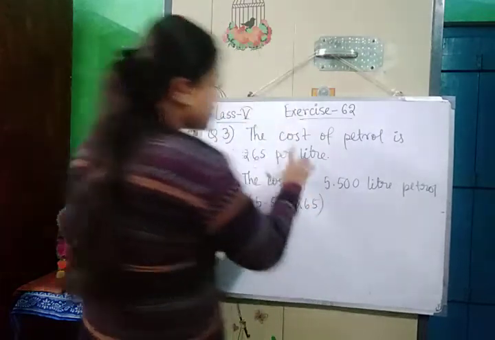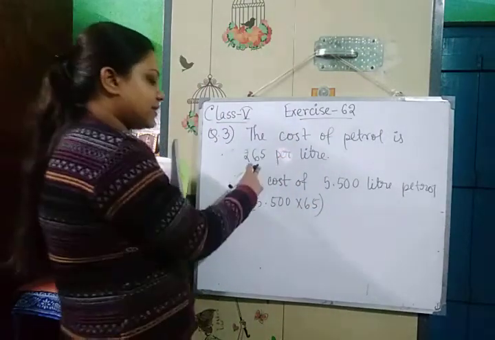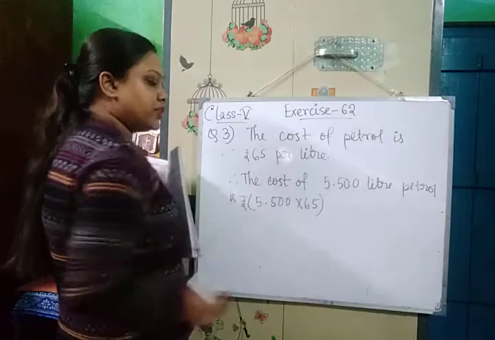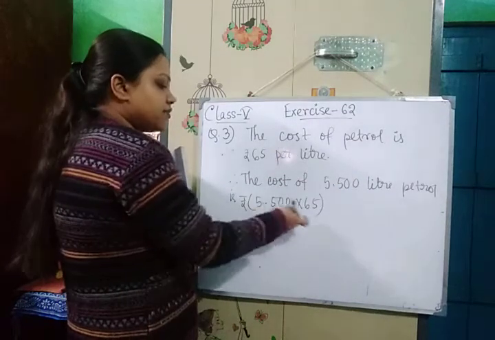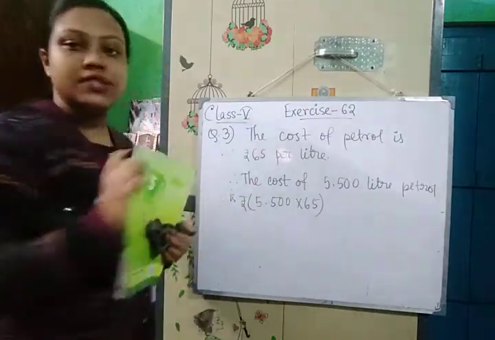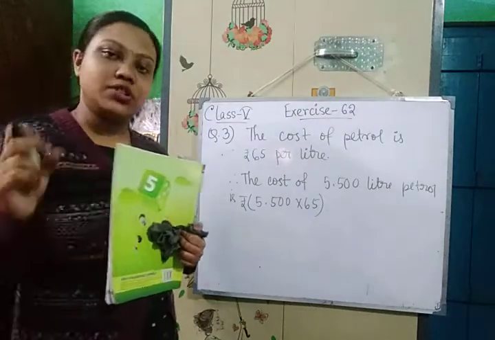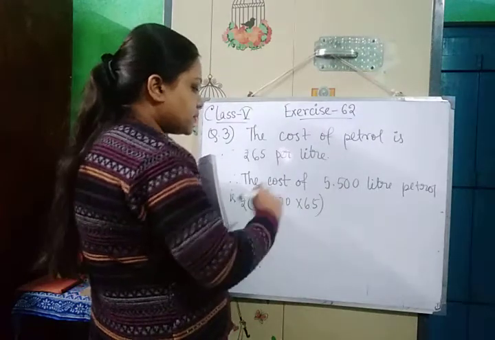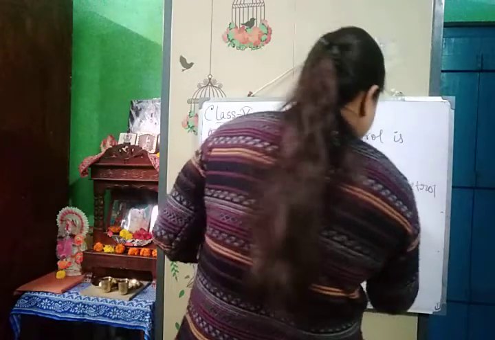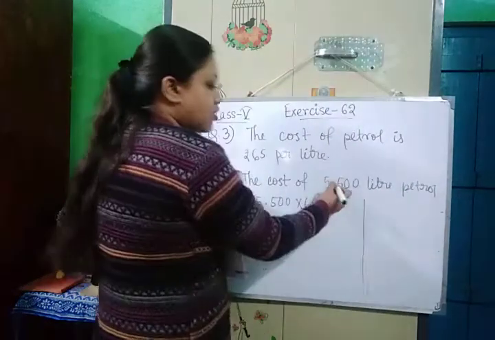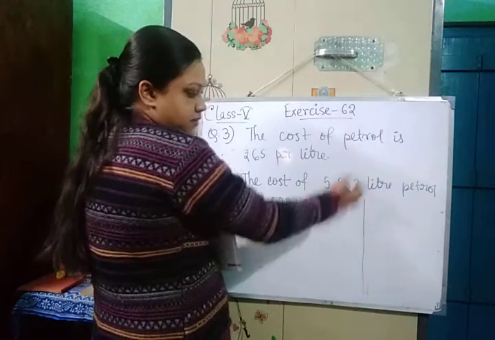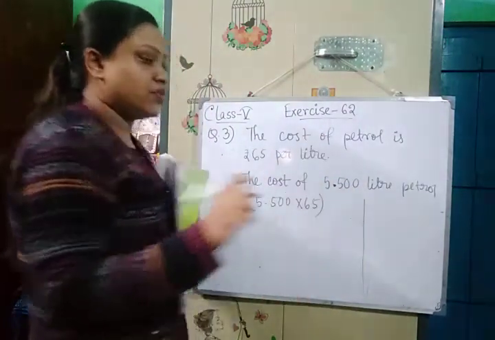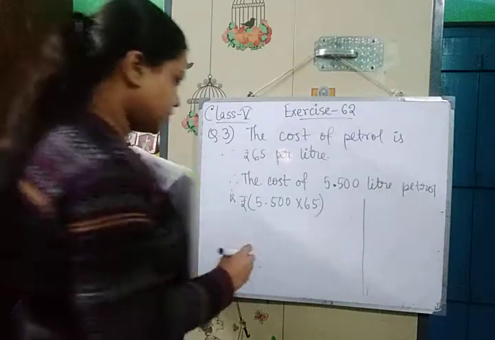So if the cost of 1 liter petrol is rupees 65, then the cost of 5.500 liter petrol is 5.500 into 65. Rupees 5.500 into 65. Now we will do the multiplication here. See, this capacity is already in liters, so we don't have to convert it to anything.